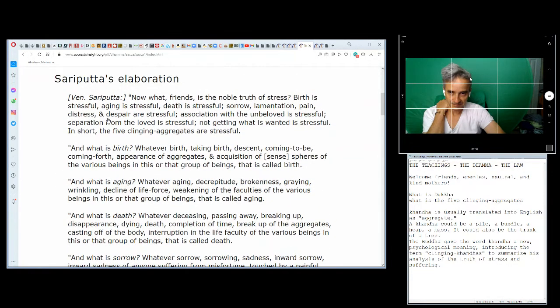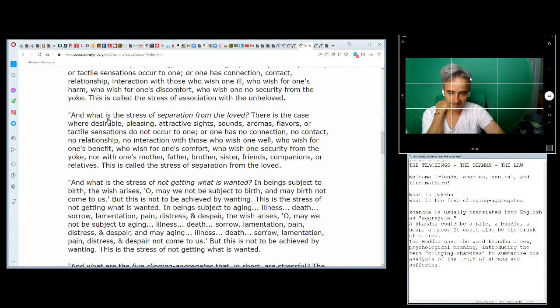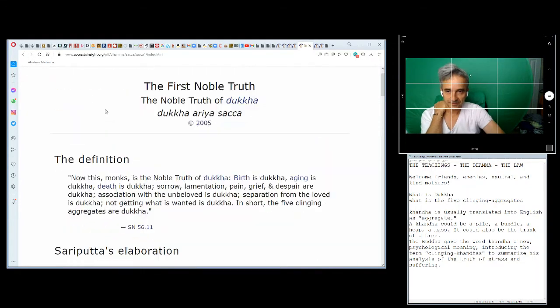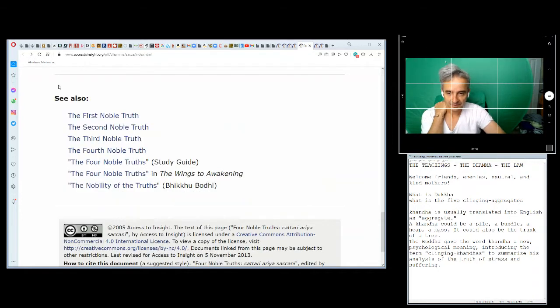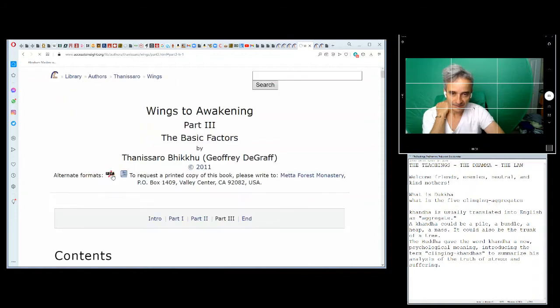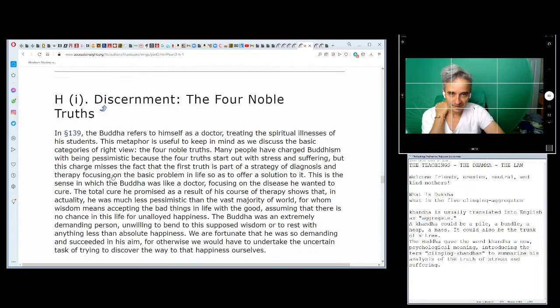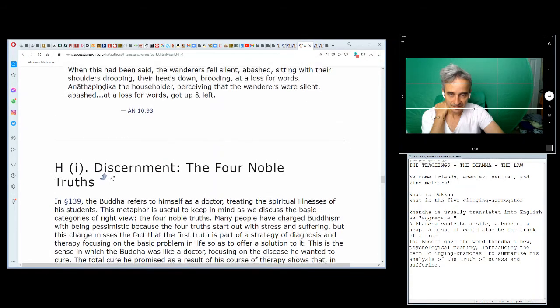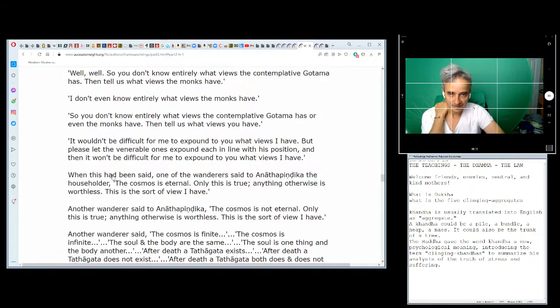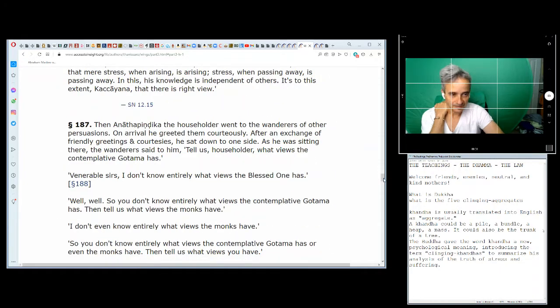The basic factors. Okay. Let's see what this takes me to. The Four Noble Truths.